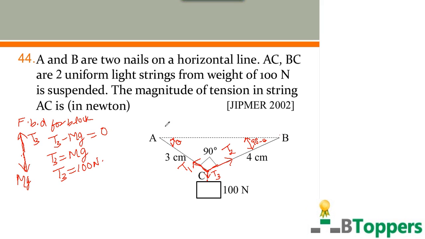From Pythagoras theorem, the length of side AB is equal to the square root of AC squared plus CB squared. AC equals 3 centimeters, CB equals 4 centimeters. So the length of the line AB is 5 centimeters.